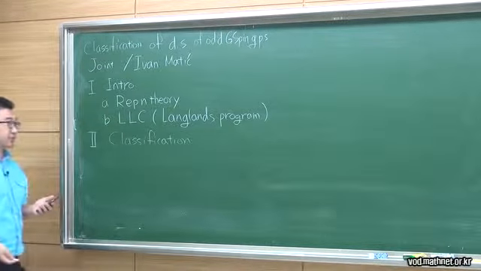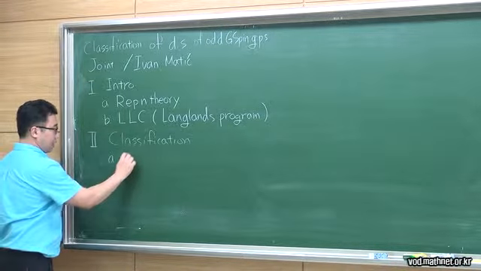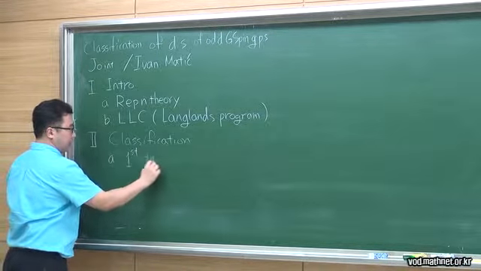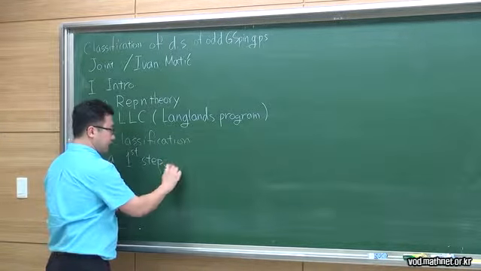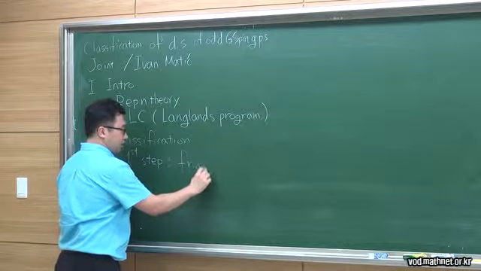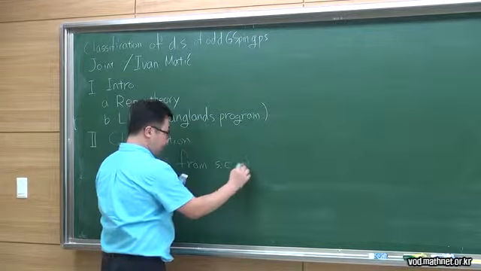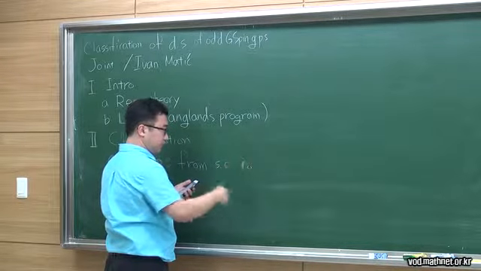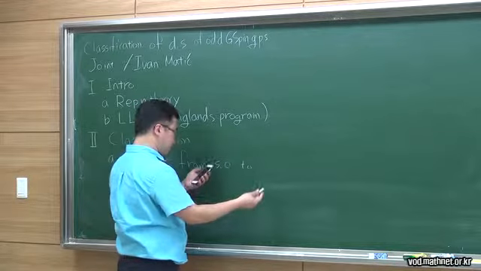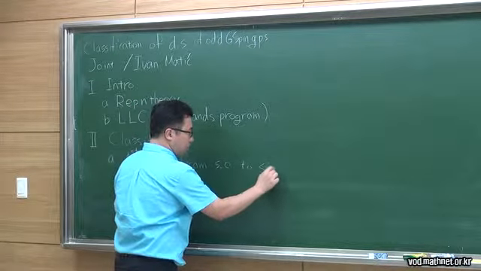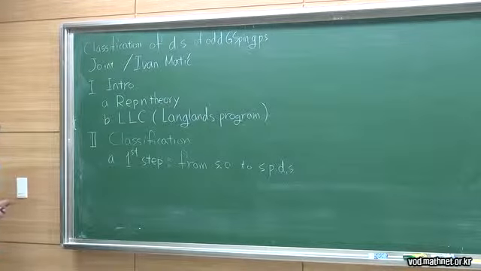There are two steps in the classification of discrete series. The first step is the classification in terms of supercuspidal representations. And it is not just classification of discrete series, it is classification of a special kind of discrete series, which is strongly positive discrete series representations.